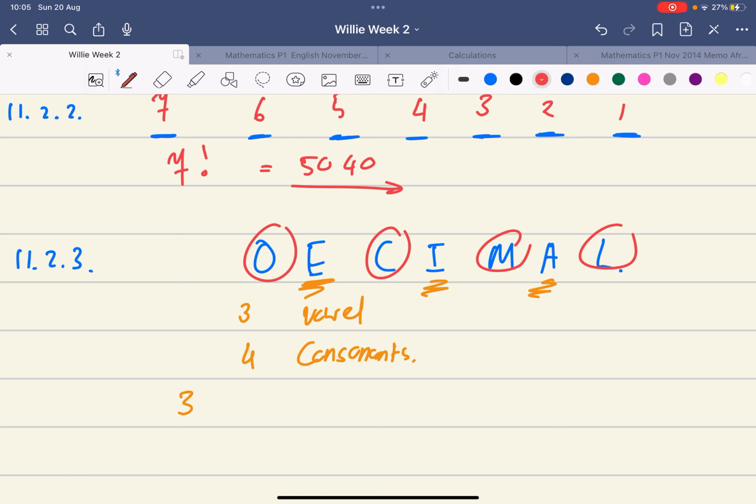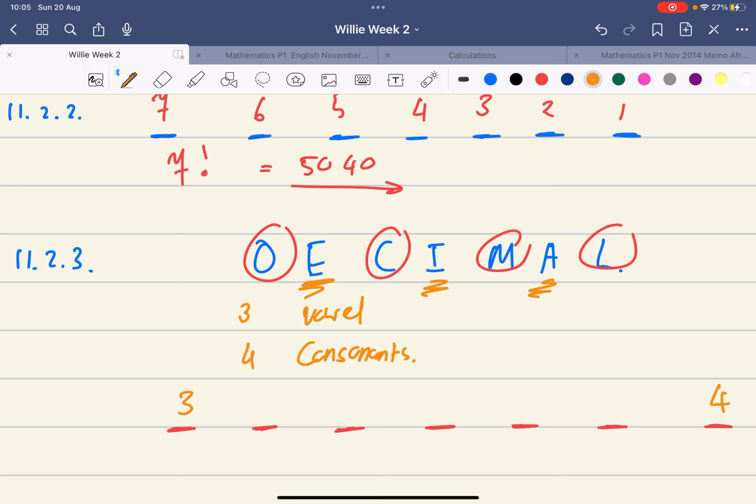So let's write this out again: 1, 2, 3, 4, 5, 6, 7. And given that the last letter has to be a consonant, we have 4 options for the last position.